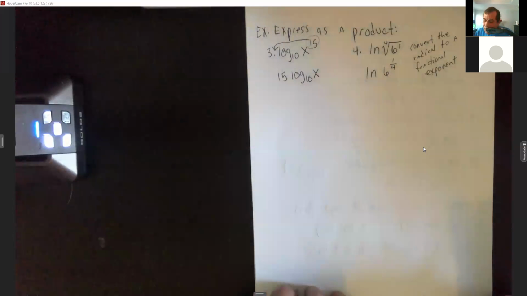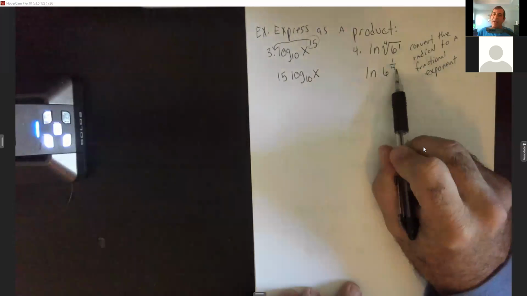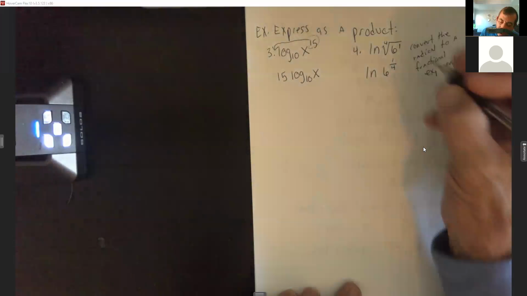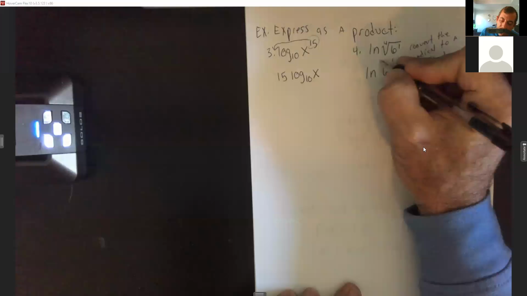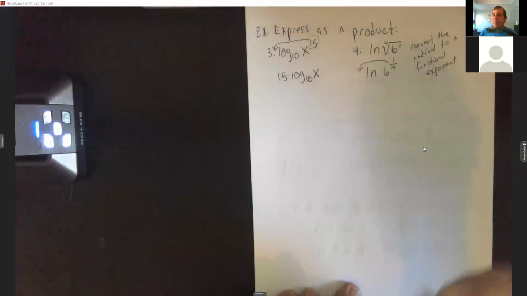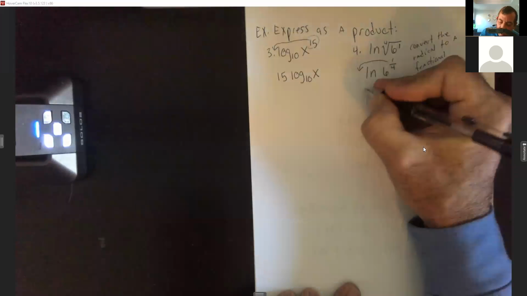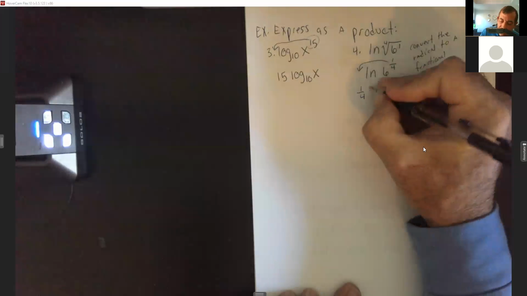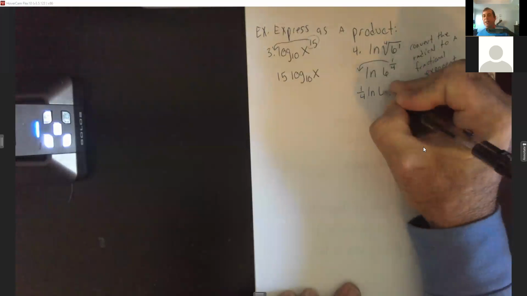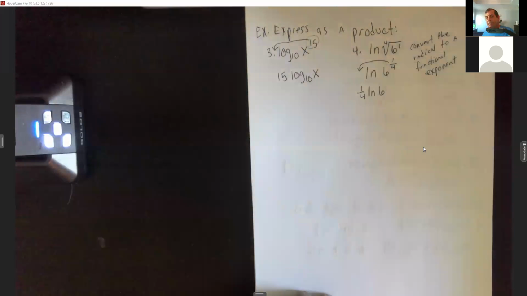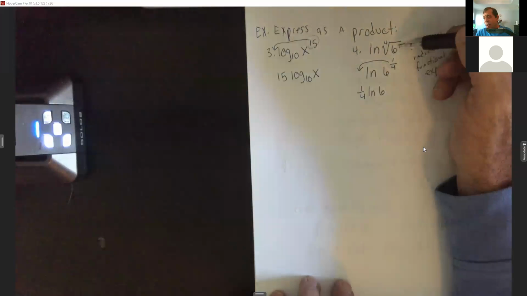So now I've got it written with the fractional exponent. Now we're going to write this as a product by moving that 1/4 to the front so that you get 1/4 times the ln of 6. So they're not too bad. Just remember to convert them radicals over, okay?